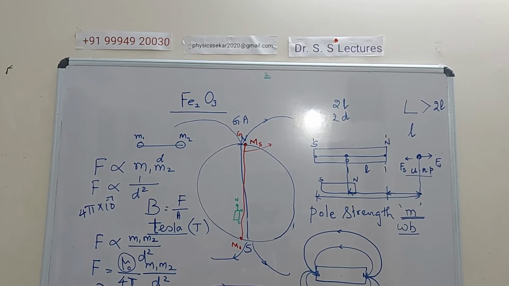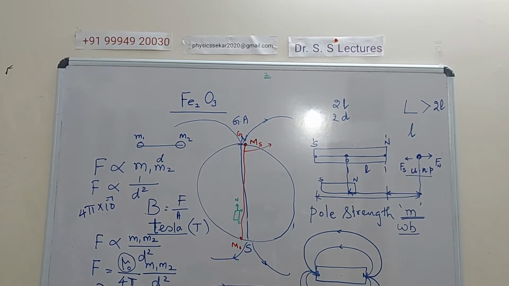We say that this magnet is being influenced by this magnetic field strength. So, when you define, you take Coulomb's law of attraction or repulsion.